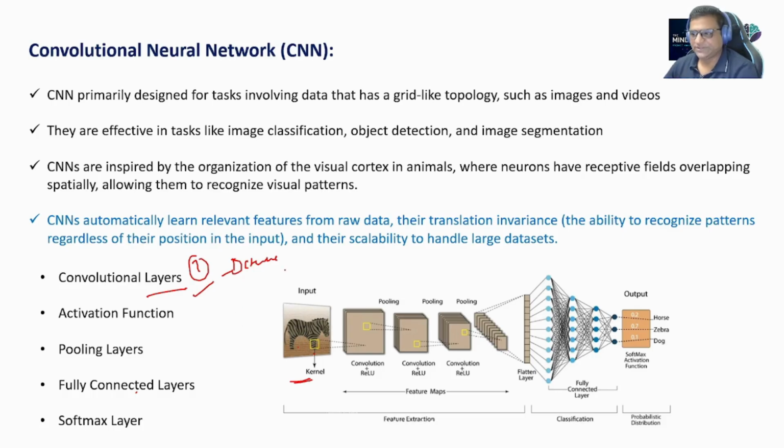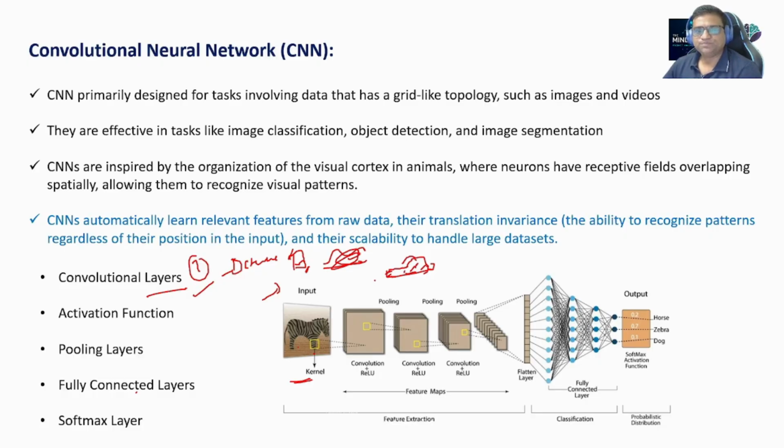In our shoe example, instead of a horse, just imagine there is a shoe. The convolutional layer first notices the edges, the different curves, the lines, and the corners of the shoe image. It doesn't know it's a shoe; it simply notices the patterns.